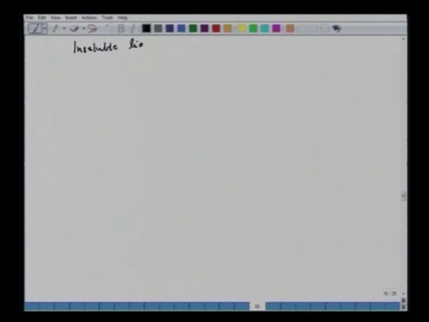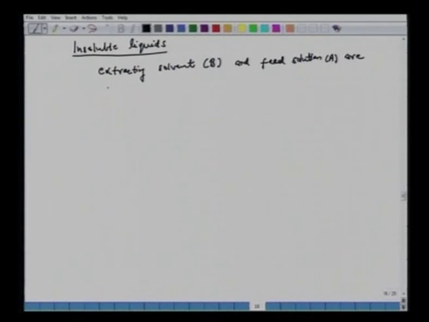What we are trying to say here, you should go back and see the previous lectures on extraction. The extracting solvent, which we call B, and the feed solution, A, are insoluble.